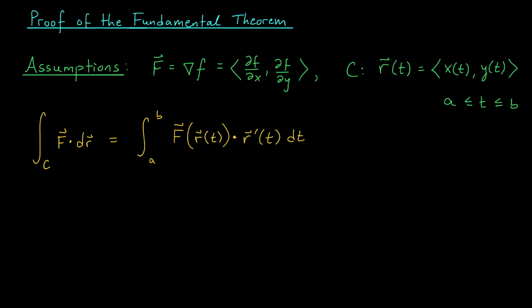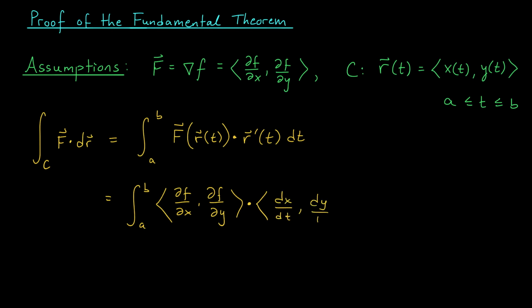That's what we've assumed. We have the integral from a to b. We're going to replace our gradient vector here, partial f by partial x, partial f by partial y, and we might as well also replace this r prime of t with the derivative of this expression here. So I have dx by dt, dy by dt, dt.